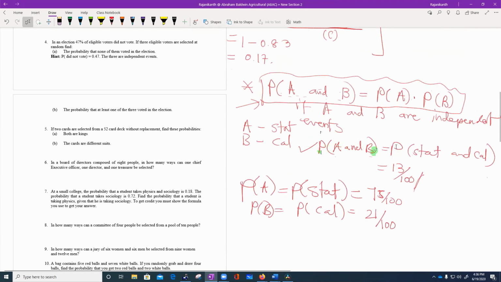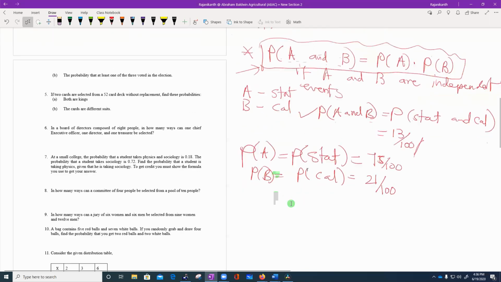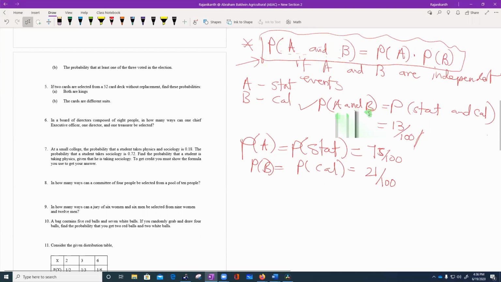Probability of A and B, probability of A, probability of B. If A and B were independent events, then this formula should be correct, right? So ask yourself, is this formula correct if you put these 3 numbers there?